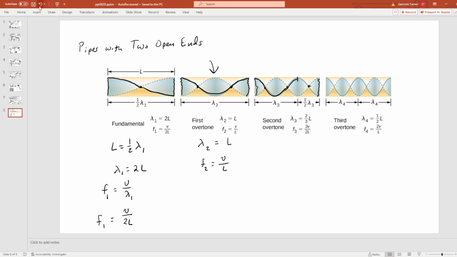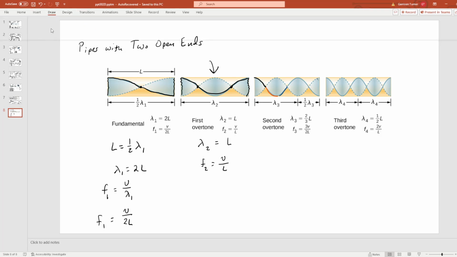So let me kind of explain what I'm talking about here. When you draw your pattern in this form, I have a quarter of a wavelength here. I have a quarter of a wavelength here. I have a quarter of a wavelength here.